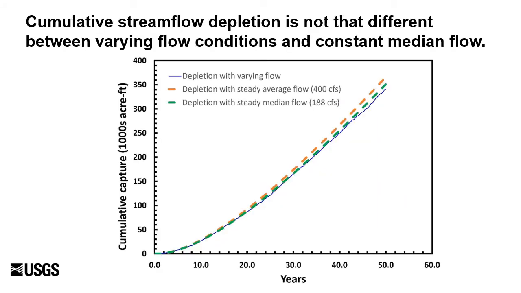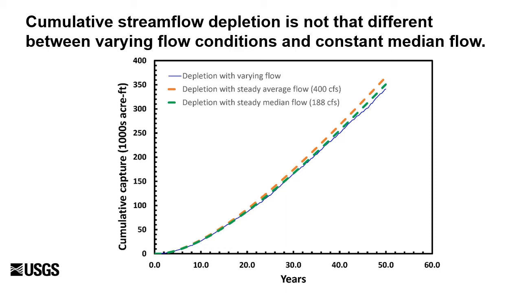So this slide is showing the same information that was presented in the previous slide, but it's showing it in terms of the cumulative capture over time. And this is a great way to look at the overall results because this lets us look at how the differences between the different curves add up over time. And so we can see what those differences look like over time and what the bias is between the different approaches.